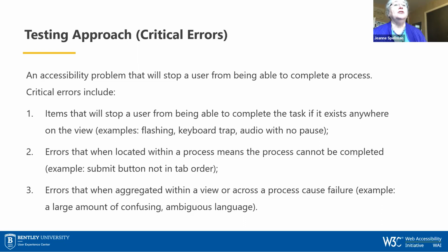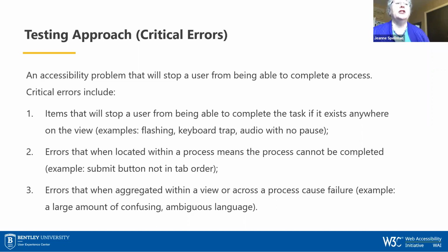And that's why we've gone to the critical error approach. So, and you'll see in different guidelines, there's a variety of scaling so that things that are more important are more likely to have a critical error. Things that are lesser importance we're giving more of an option to have more errors in there so that it's not blocking people from being able to say, yes, we meet this guideline.